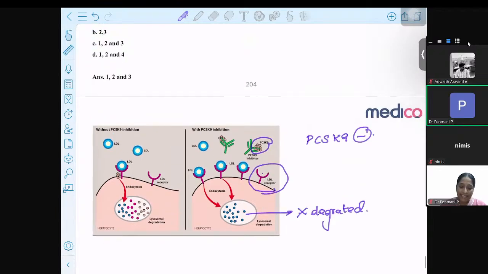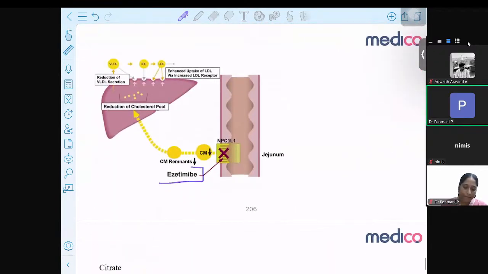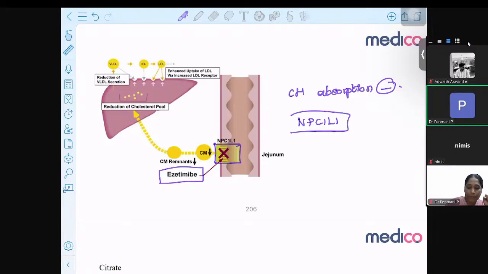And the next drug they have quoted is ezetimibe. What is ezetimibe? Ezetimibe is a cholesterol absorption inhibitor. How is it going to inhibit the cholesterol absorption? It is going to inhibit the Niemann-Pick C1 like 1 transporter, which is responsible for the absorption of the cholesterol into your small intestine.